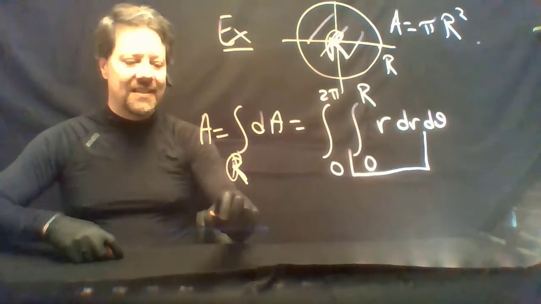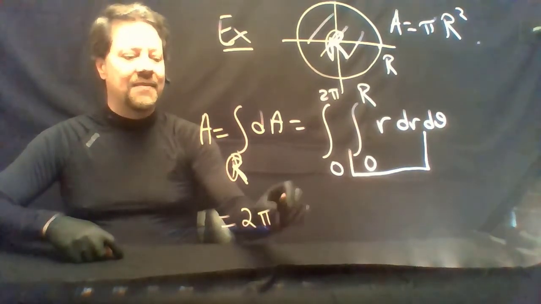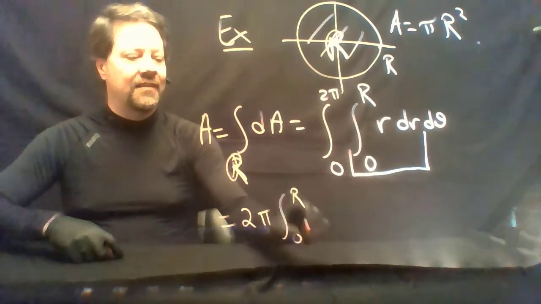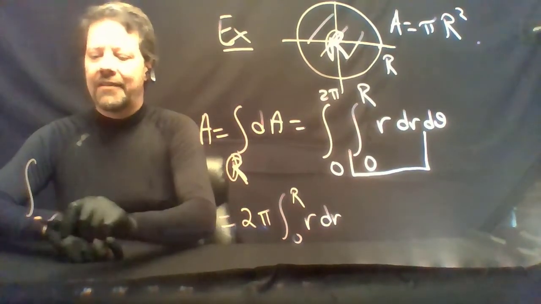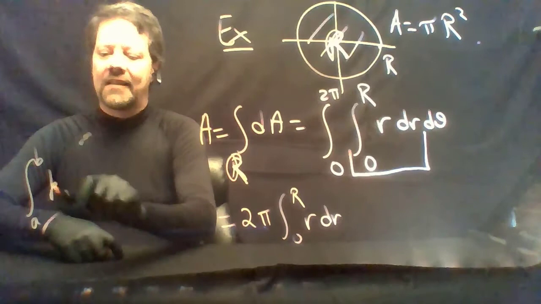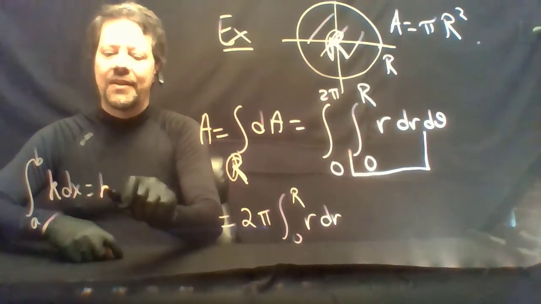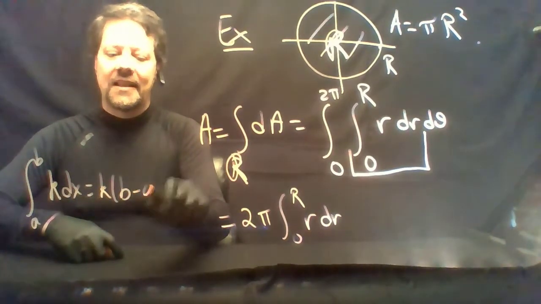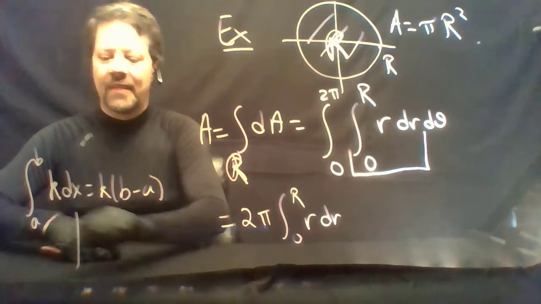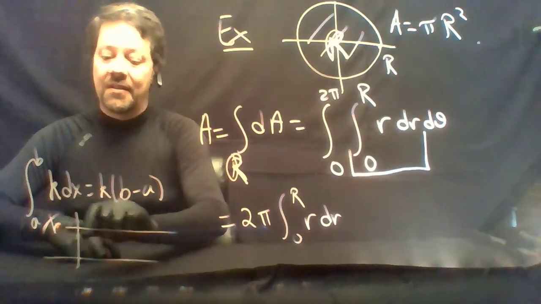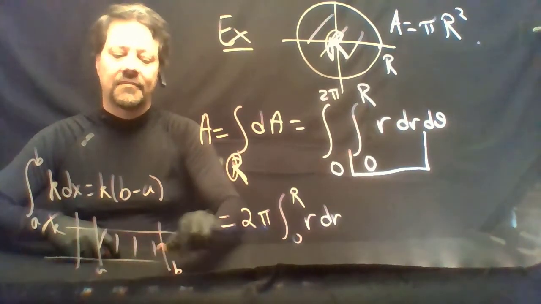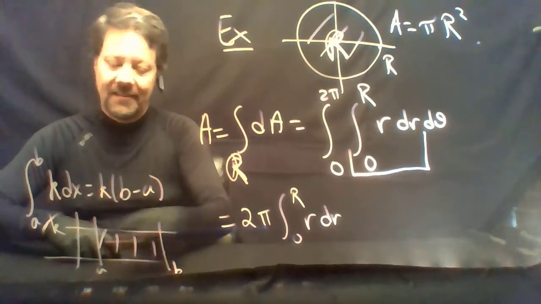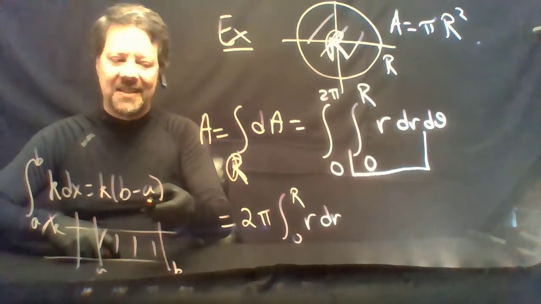We can write this as 2 pi times the integral from 0 to R of r dr. That's because if you integrate from a to b any constant times dx, you get that constant times the length of the interval. That's true because you're just finding the area of a rectangle. Constant height times the width, which is b minus a.